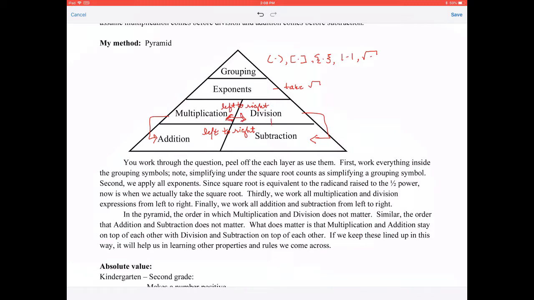But this has to be the same way. So multiplication has to stay on top of the addition, and division has to stay on top of the subtraction. This has to stay the same, and this has to stay the same. But these can be moved from first to second.